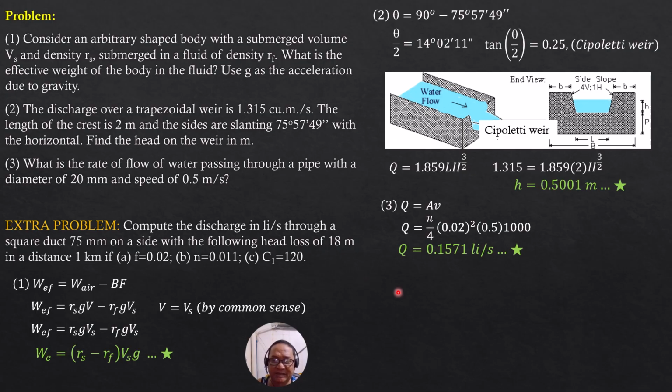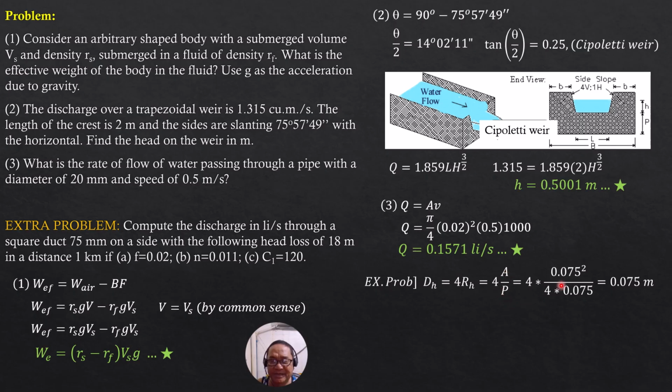Because there's no diameter here, the diameter is understood to be the hydraulic diameter, which is 4 times the hydraulic radius. And the hydraulic radius is area over wetted perimeter. So hydraulic diameter is 4 times area over wetted perimeter.